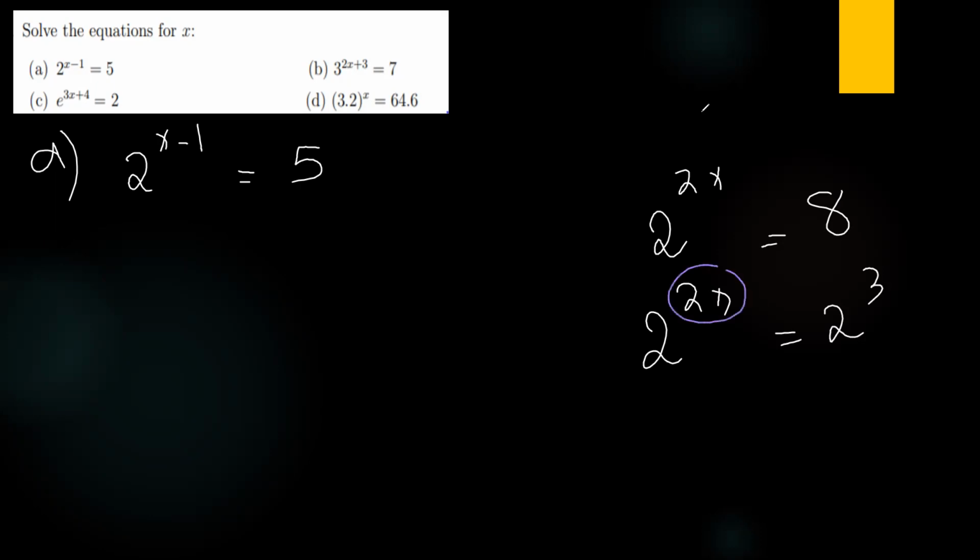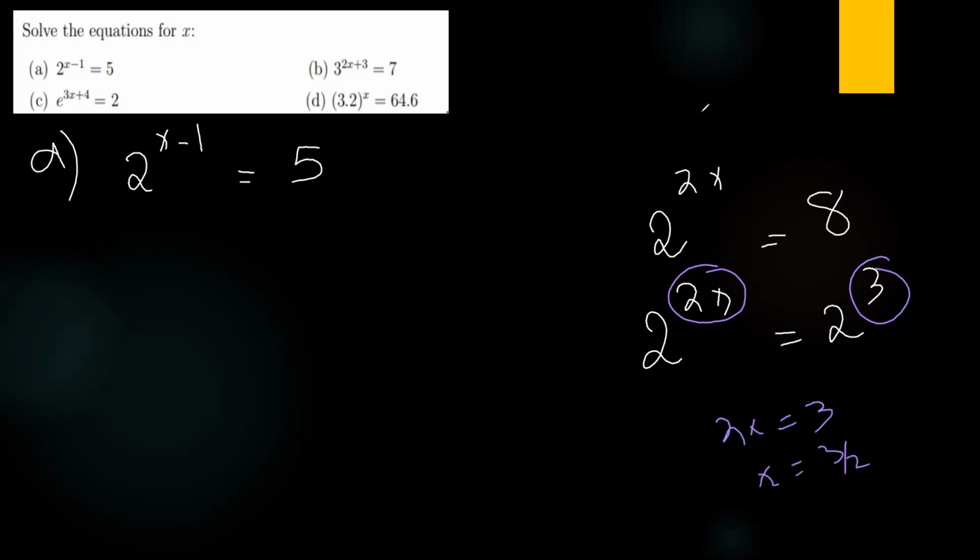Now in the previous grades, if you have 2 to the power 2x equals 8, you will write the two numbers with the same base, so 8 is written as 2 to the power 3. Then 2x is 3, so x will be 3 over 2.